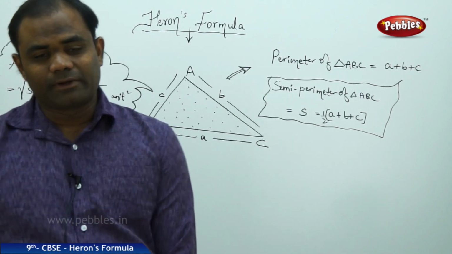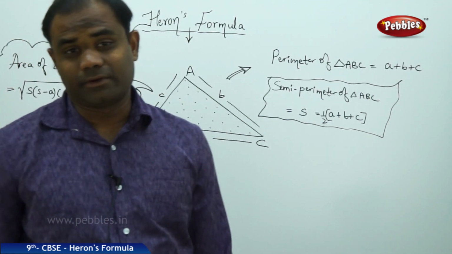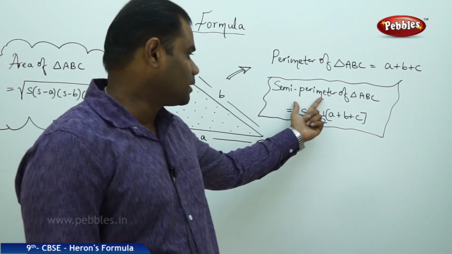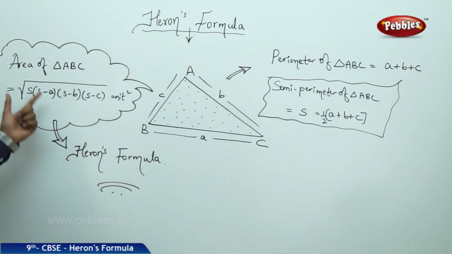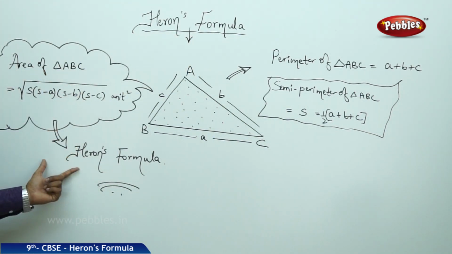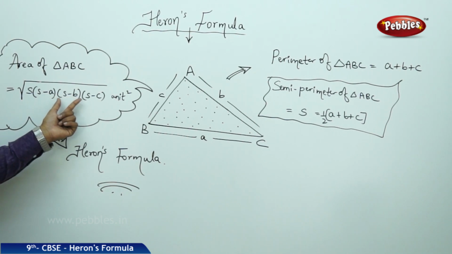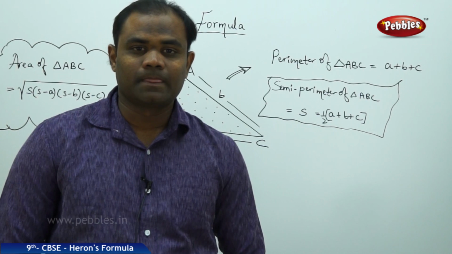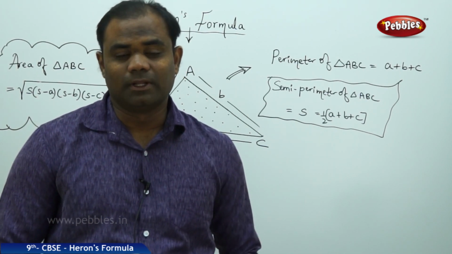If three sides of a triangle are given, A, B, C, then we can find the area of the triangle using the semi-perimeter S, which is given by A plus B plus C by 2, and the formula for finding the area of triangle ABC using HERON'S formula is root of S into S minus A into S minus B into S minus C, in square units.